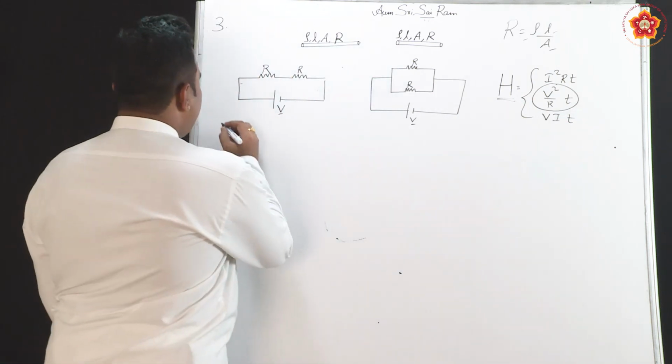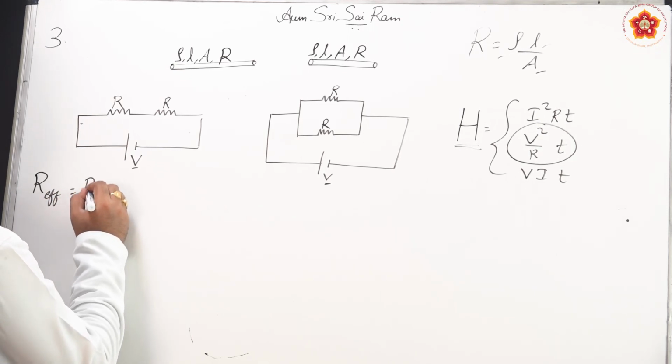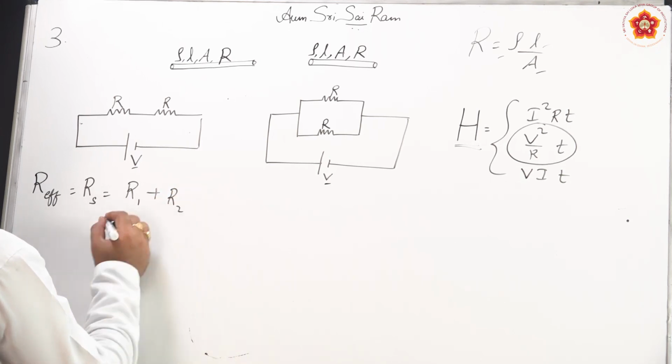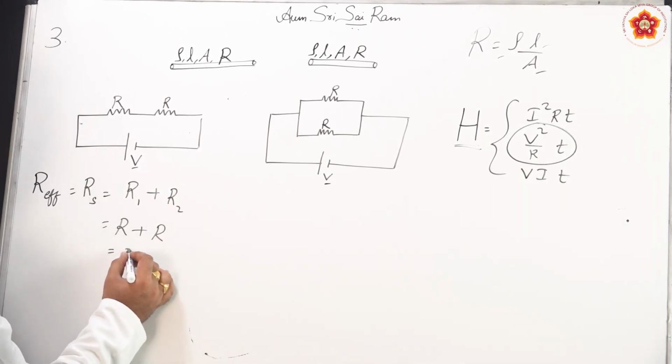Okay. So let us calculate the R effective, or resistance, in series. It will be R1 plus R2, which is R plus R, so 2R.